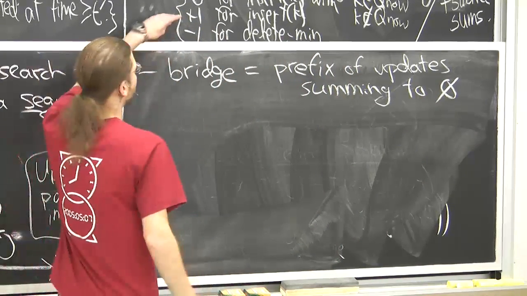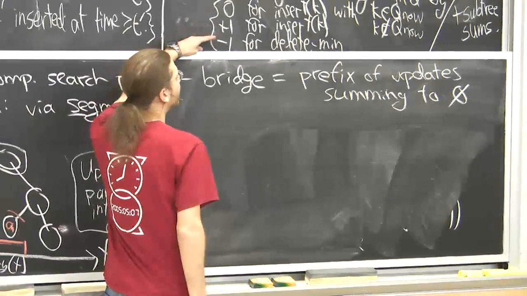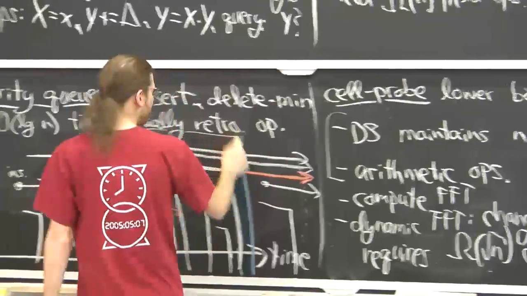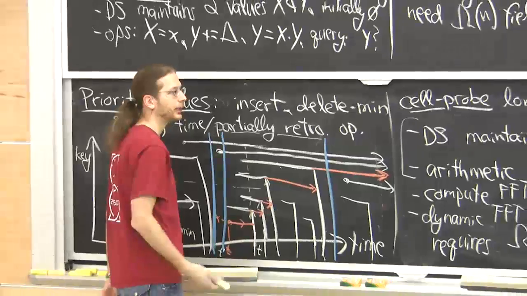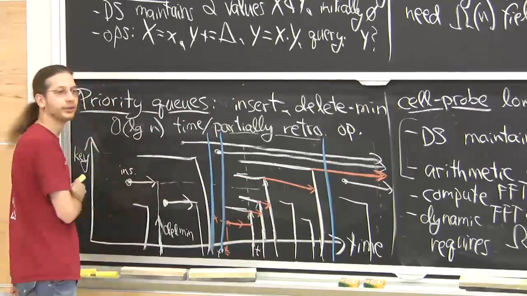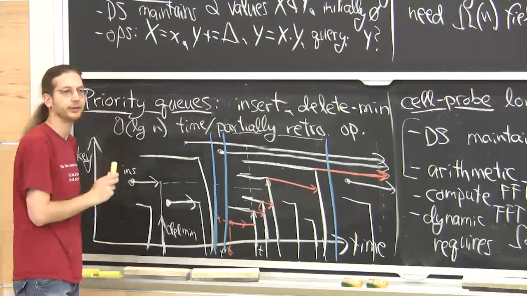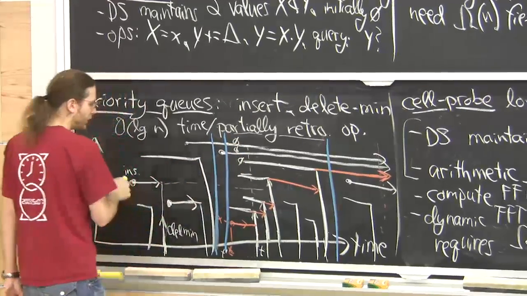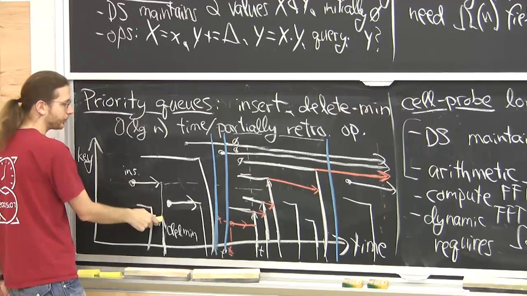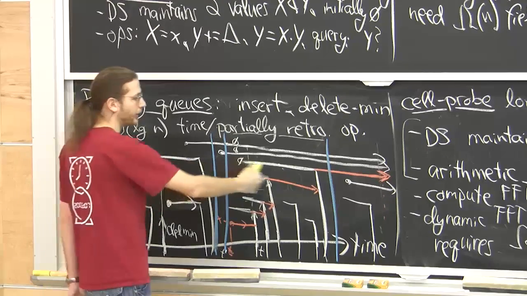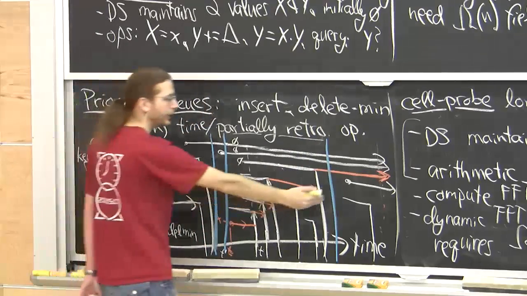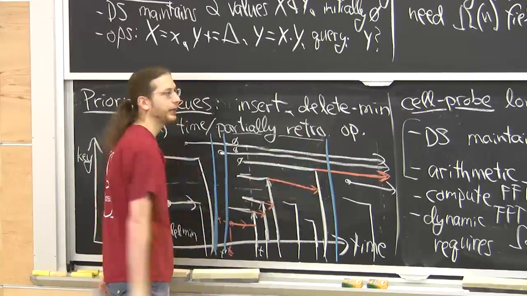Because inserts and deletes cancel out, and if we ignore the things that finally end up there, the periods of rest, when no one is active that will eventually get deleted, is exactly when everyone to the left has been deleted or will survive to the end. So these guys count as zeros, so we ignore those. Each of these corresponds to a +1, each of these corresponds to a -1. So these have all canceled out by now. And when this prefix sum, which is everything up to a given point, is 0, then that is a bridge.